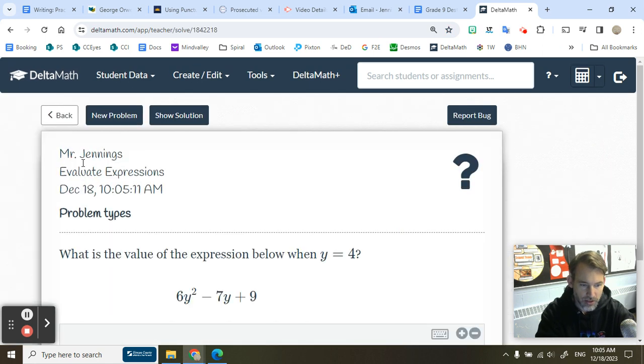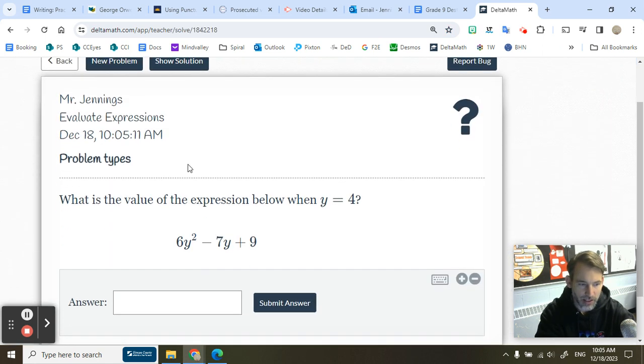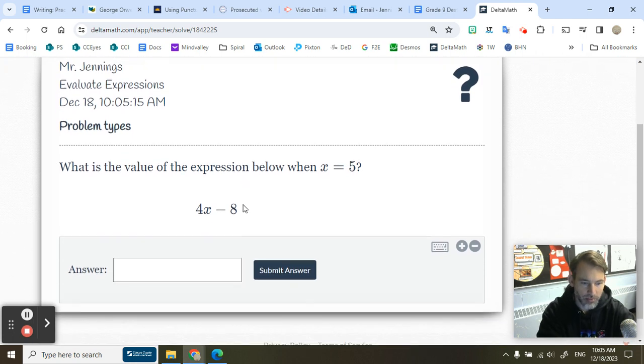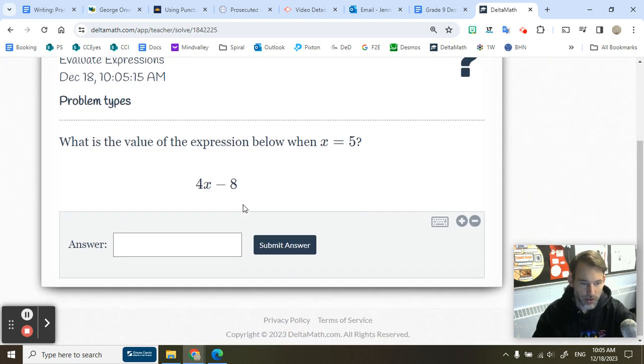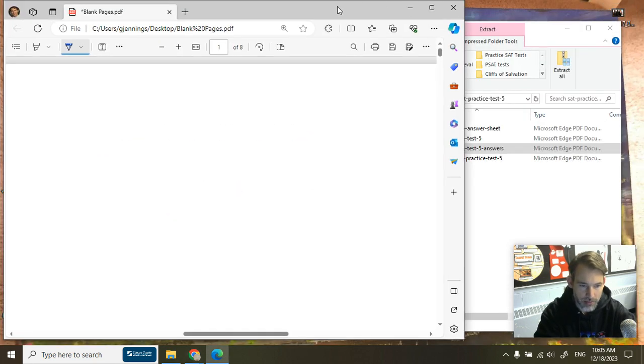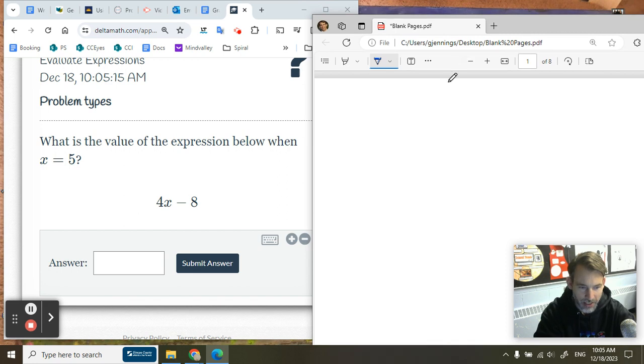Our first skill is evaluating expressions. Let me give you a new one here. Let's say we have a problem like this, and we want to know the value of this expression when x equals 5. Here's how we read these types of things. I'm first going to copy the problem down: 4x minus 8.